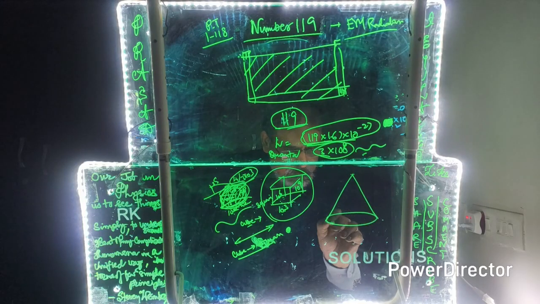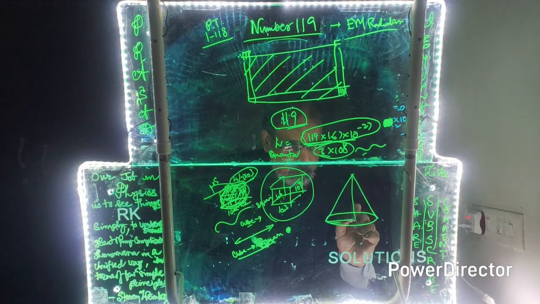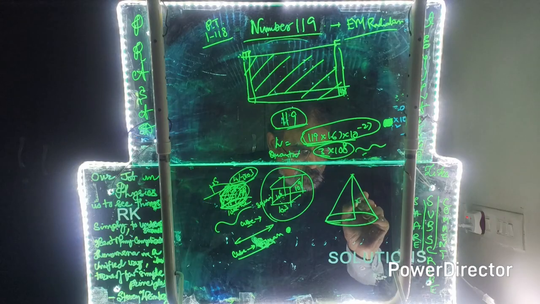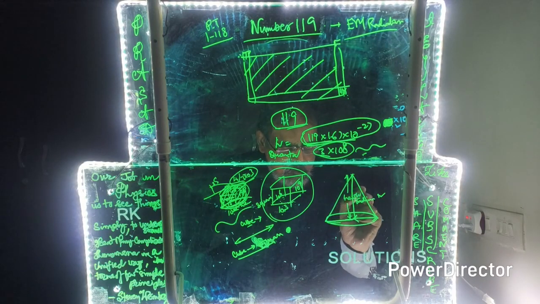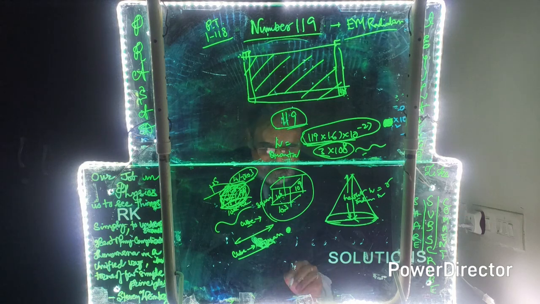Not this 119. This is, what do you call, a cone. A cone with radius r. This radius is r from here to here, and from here to here is the height h, which is also equal to r, let us say. So what do we get here?